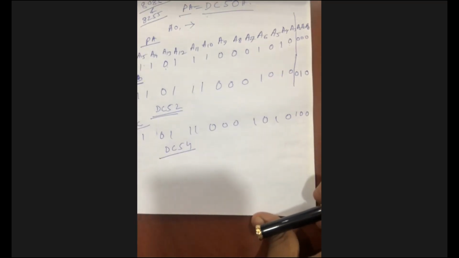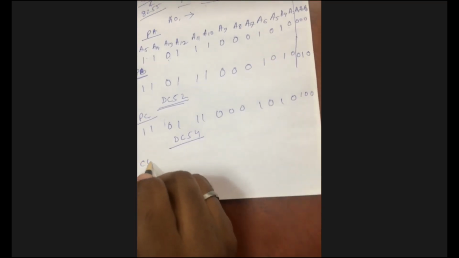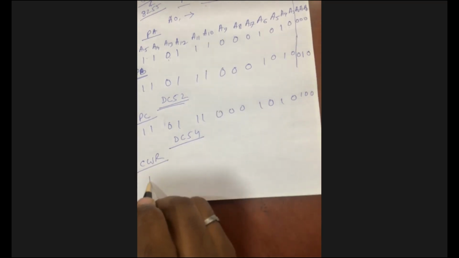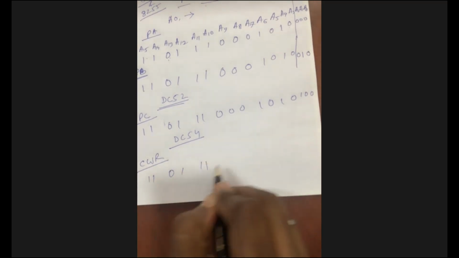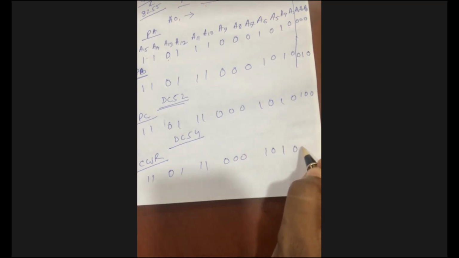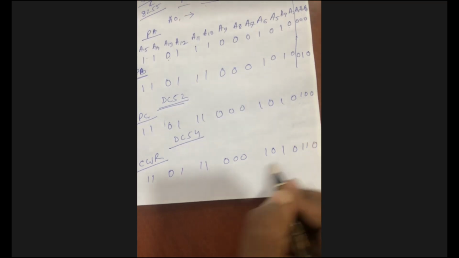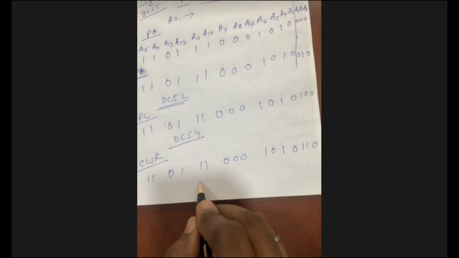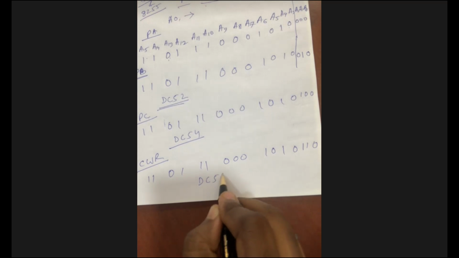Yes, sir. Next, CWR: 1101 1100 0101 0110. So it will be DC56. Okay.